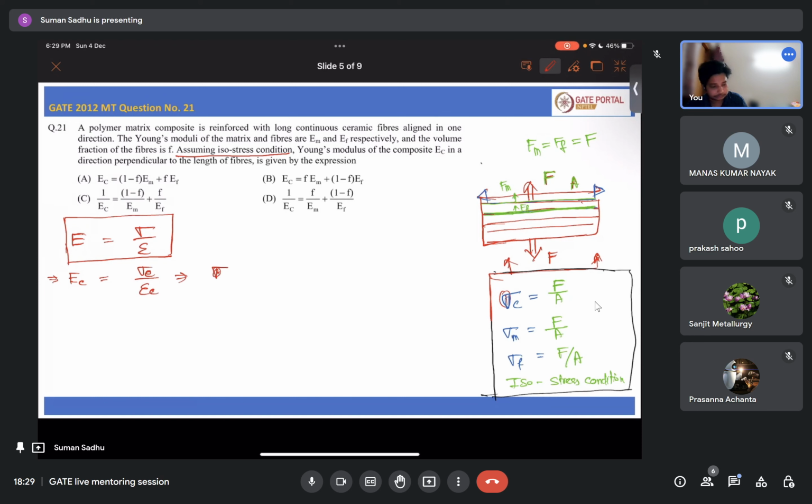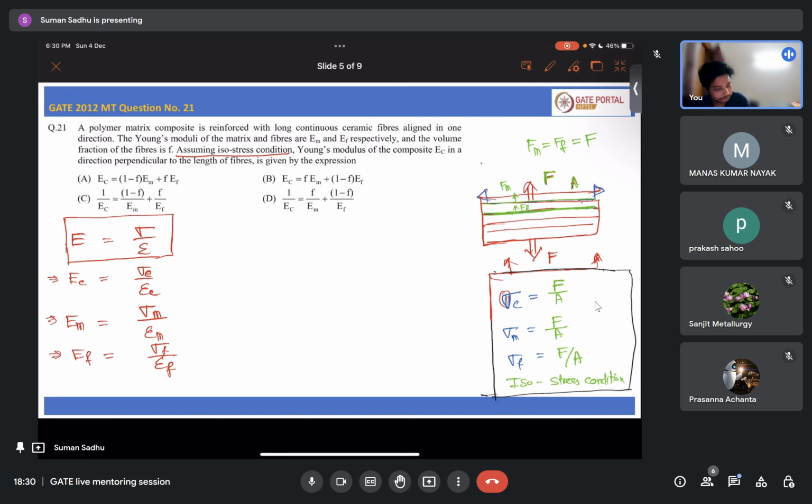Let us first write it for each case, and for a matrix you can write that Em is sigma m by epsilon m, and Ef is equal to sigma f by epsilon f.